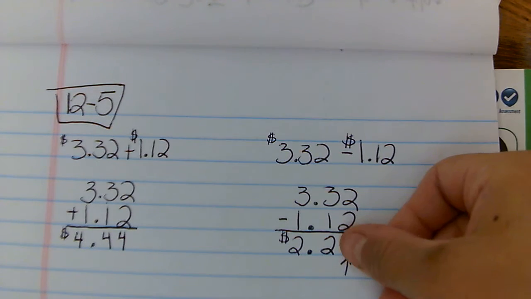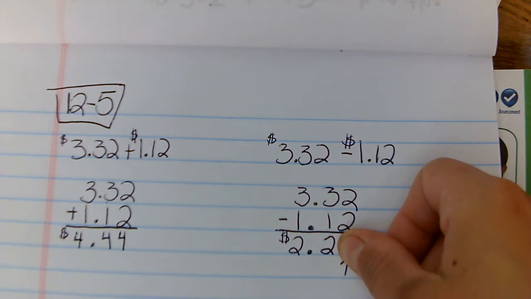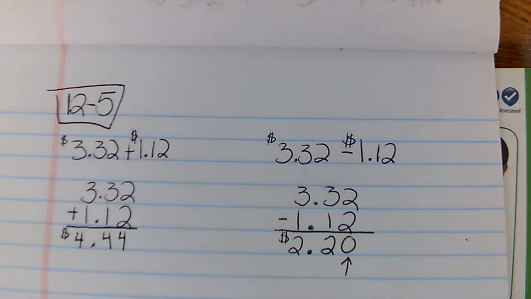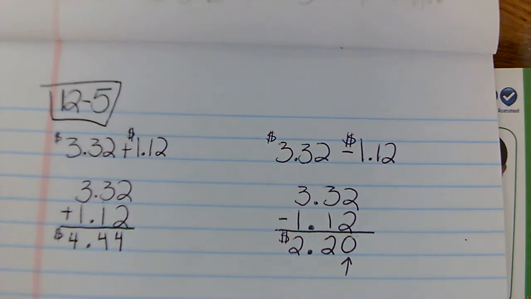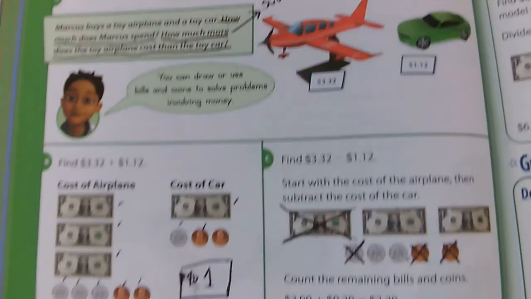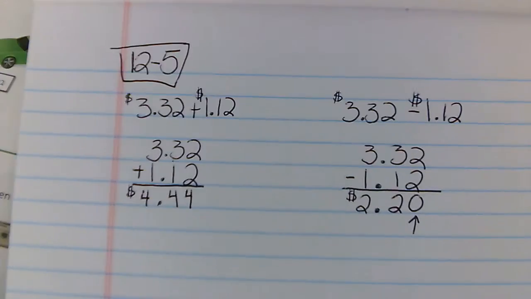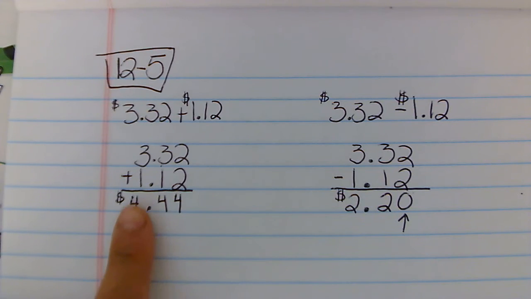Because I wouldn't write $2.2 like that, would I? No, that's $2.20. Okay? All right, so that is how you would add and subtract money. You can do it by drawing out, or you can do it this way, by doing each of these.